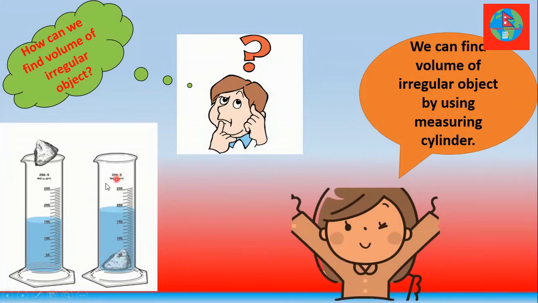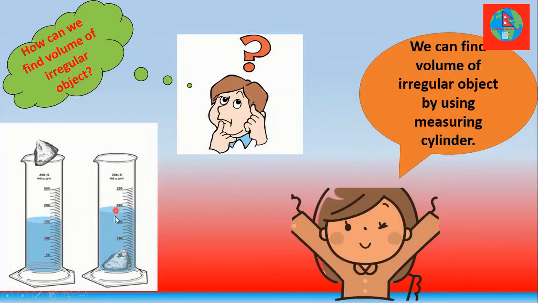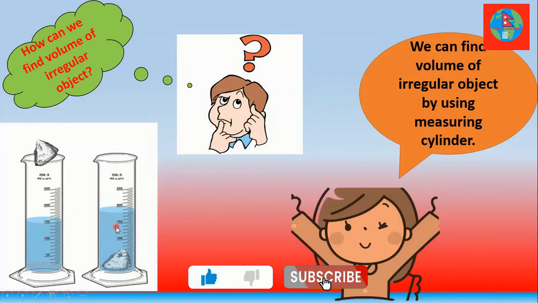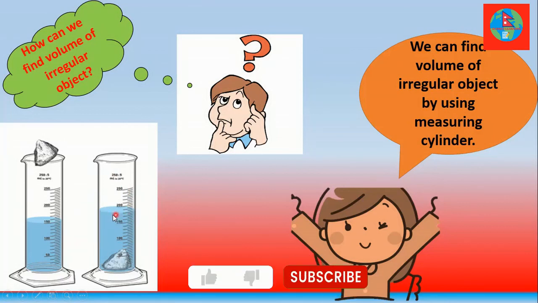These are the measuring cylinders. We can find the volume of irregular objects this way. At first you pour water in this measuring cylinder, then you put the irregular object in it. At first you note down the water level.